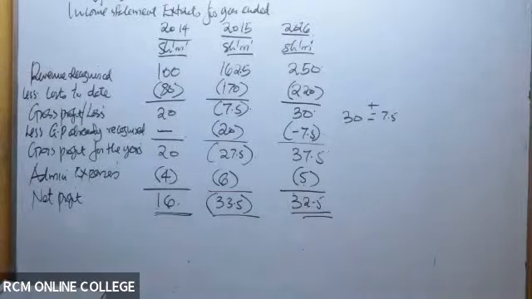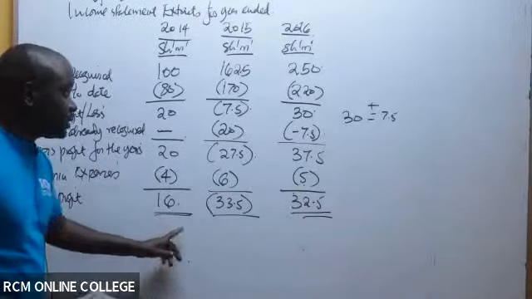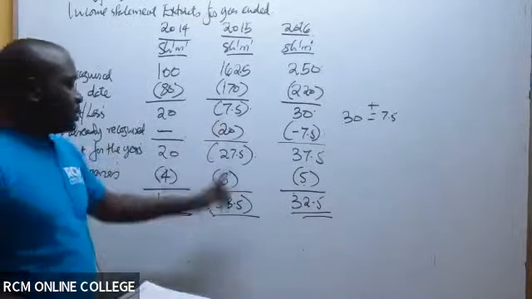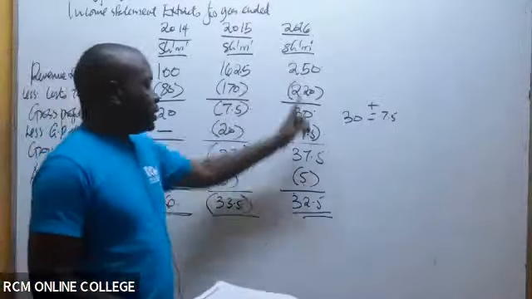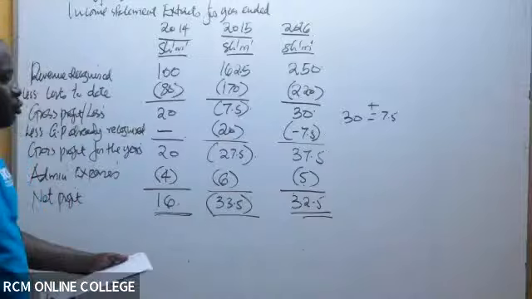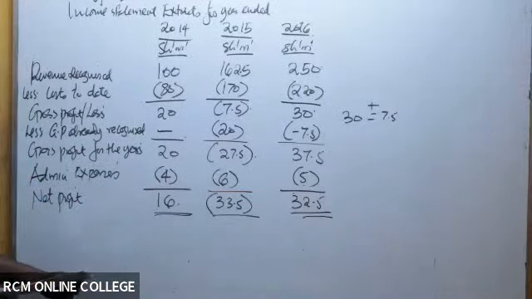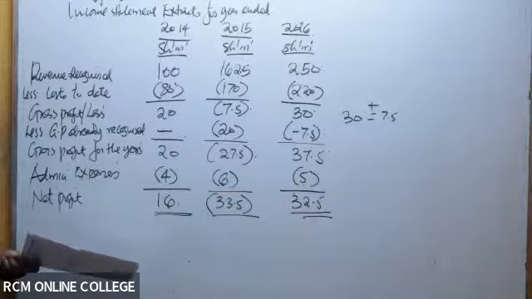These will be our net profit on this contract for each year. So for 2014, 16 million, sorry, there was a net loss here. There was no profit. But for the year 2016, there was a profit of 32.5 million.